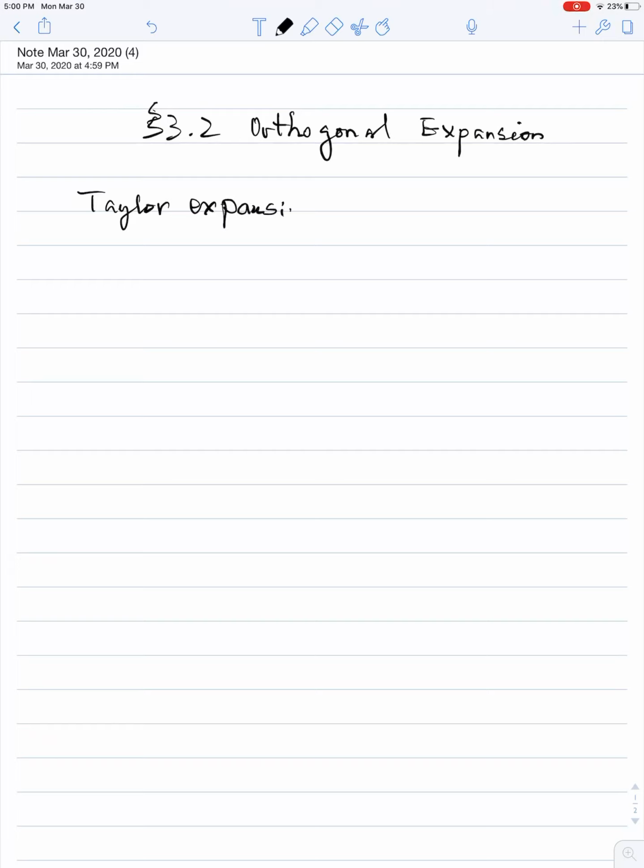Of a function. So for a certain function f(x), we can expand it as a Taylor series. Let me just, for simplicity, write it as a Maclaurin series. The center is at 0.